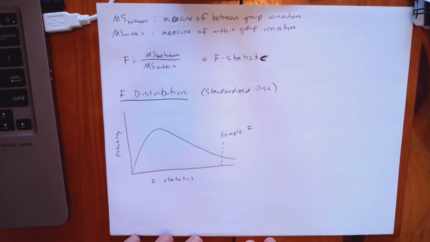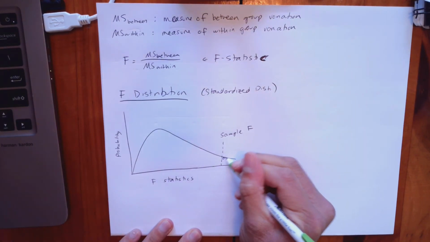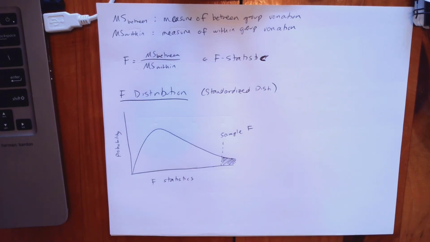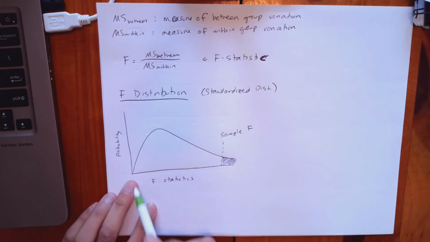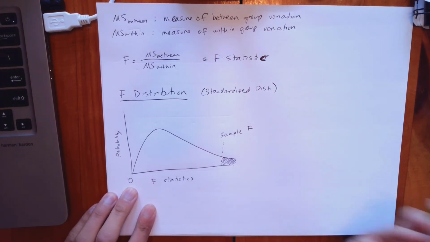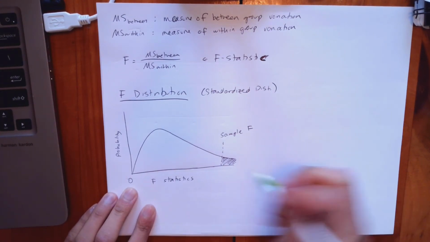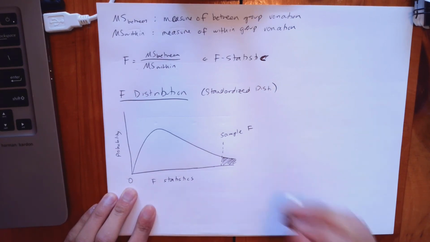The p-value is the probability of obtaining an F statistic that is as large or larger than your F statistic. And in this case, you can see this is sort of a skewed distribution here. We don't have a mean drawn through the center. This is because F statistics can't be any smaller than 0. So here we're starting with 0, and then we just get larger and larger from there.